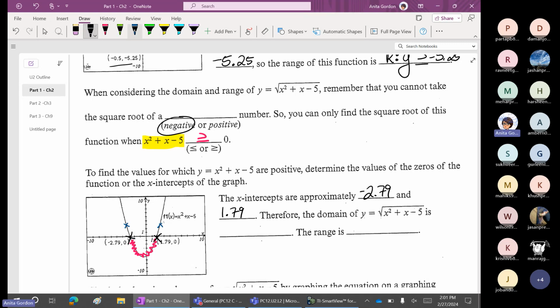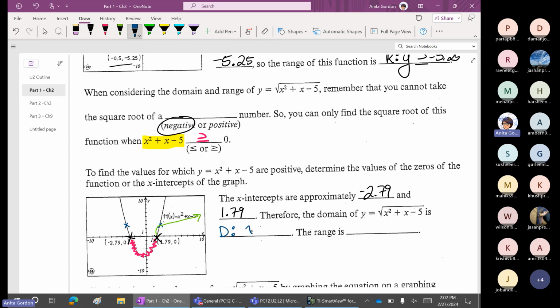So here, my domain for my radical function is going to look like this. On the right side of the graph, I'm going to start at the x-intercept, be above the graph, and go off like this, right? If I just cover half the graph and focus on the right side, I know my starting point, I know my intersection, I know I'm going to go up and to the right because that's what the original graph is doing.